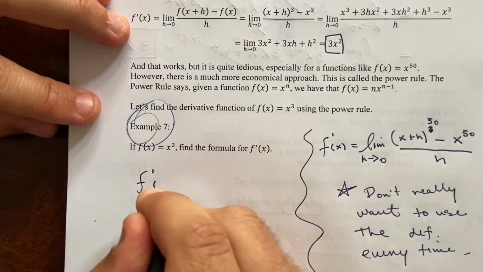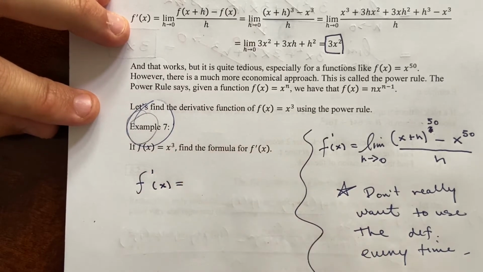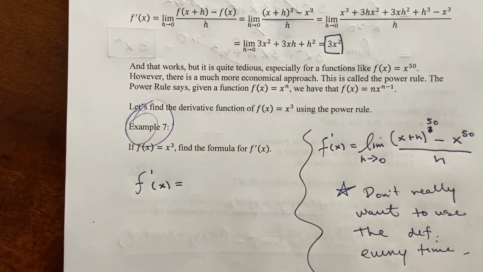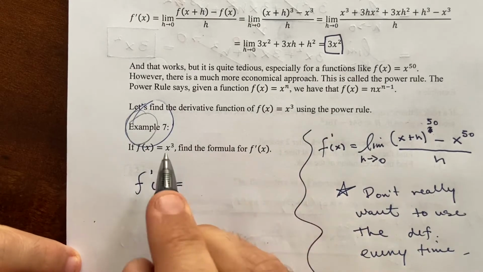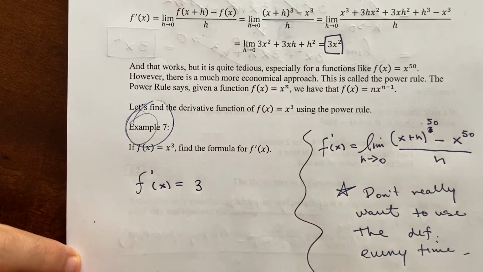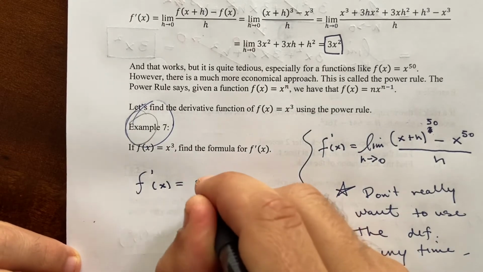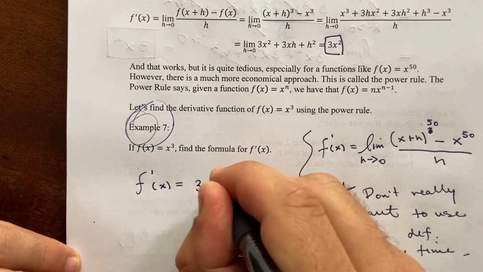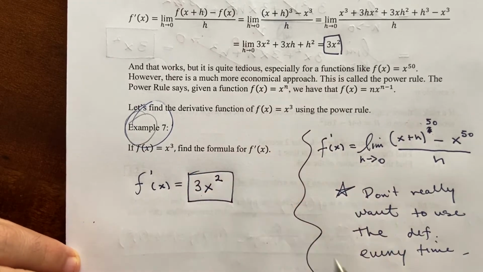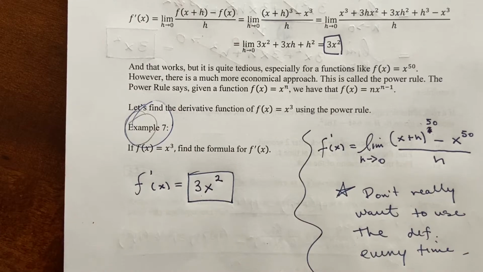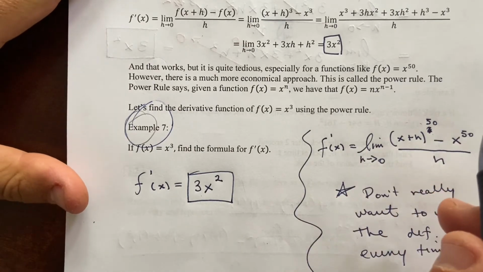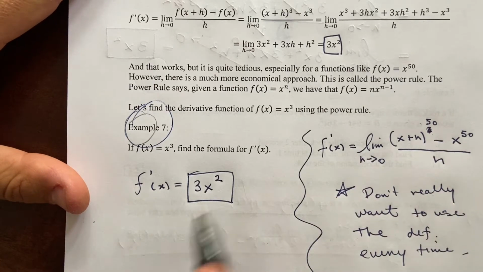Really going forward, to take the derivative of this x cubed, this polynomial here, I would just bring down this 3 and then reduce the power on x by 1. And there's a formula for that, and I have it for you right here.